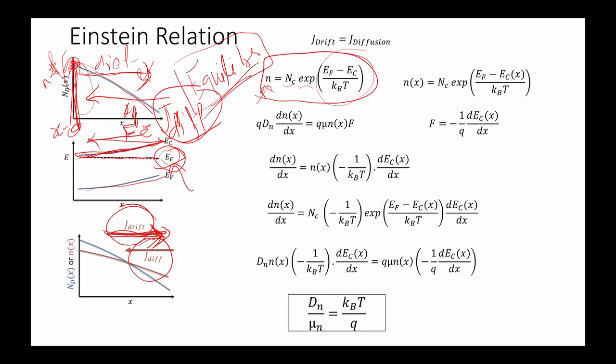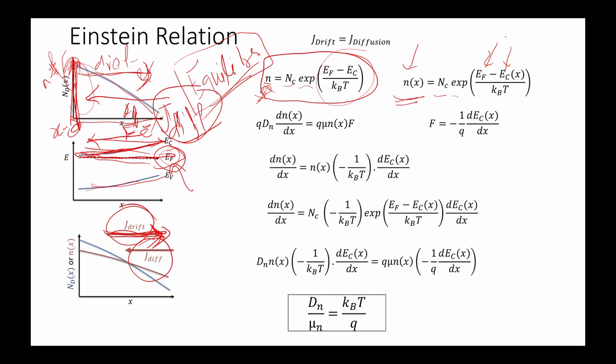This n is a variable with the distance x. So n(x) = Nc exp((Ef - Ec(x))/kT). Ef is constant, so it is not a function of x, but Ec is. You can take the conduction band for electrons, and if you want to calculate for the holes, you can take the valence band.